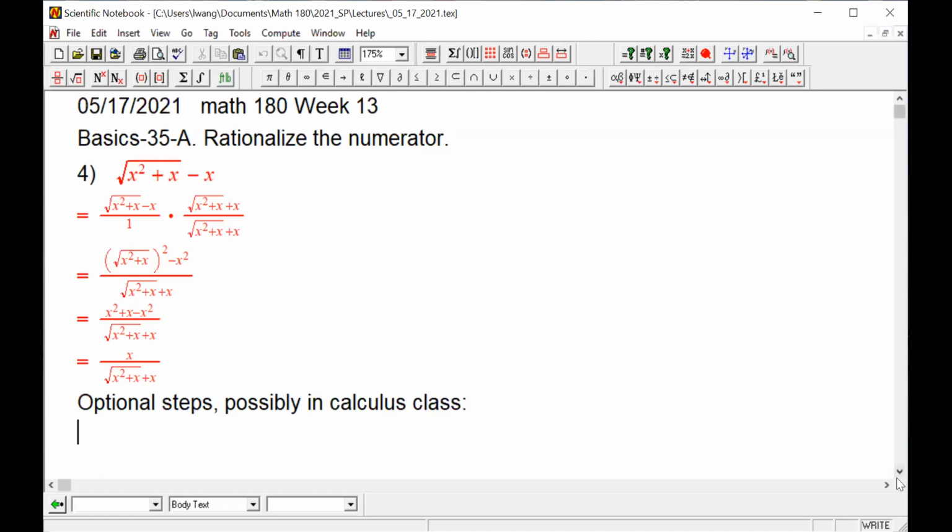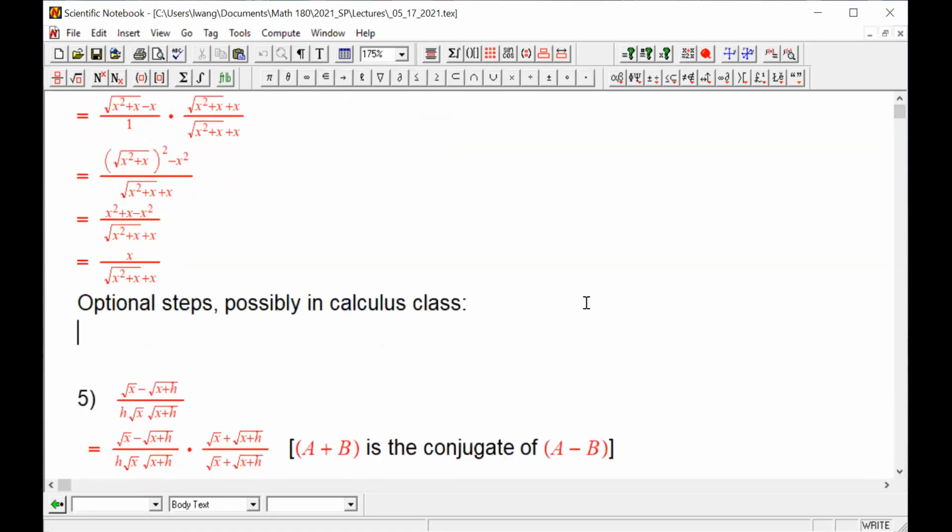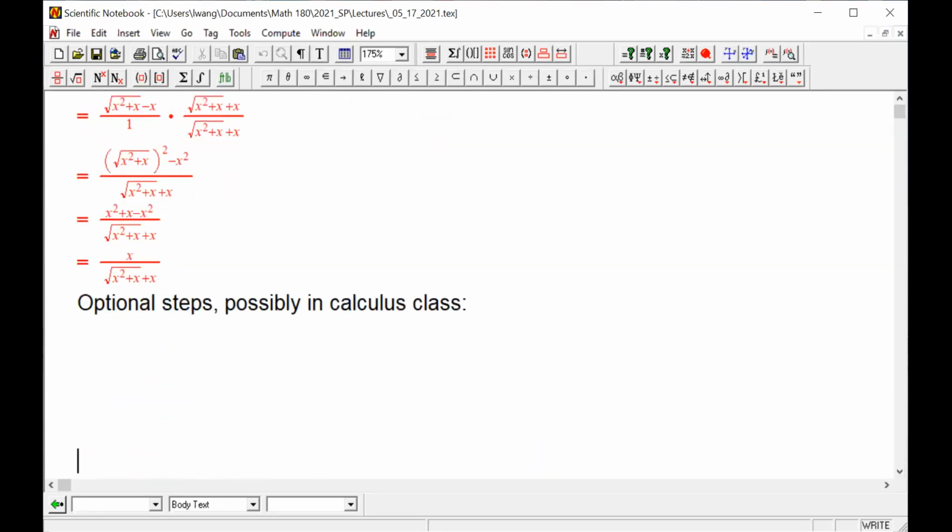So from here, suppose x is positive. You may possibly do the following. You may need to.